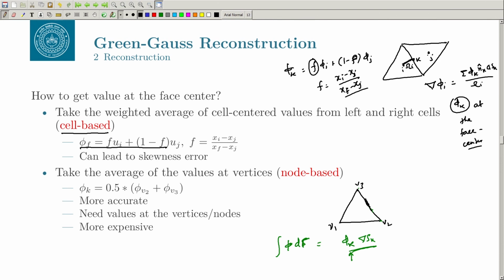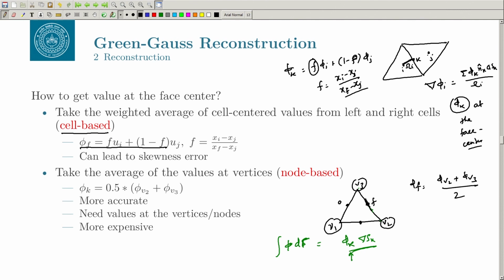So, we can calculate the value at this face center by taking an average of the values at the nodes, if we know the value at nodes V1, V2, V3. So, let us say you want to calculate the value here, f. So, this phi f will be 0.5 V2 plus 0.5 V3, by 2, right.